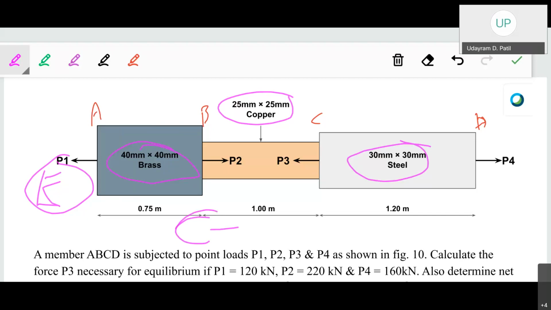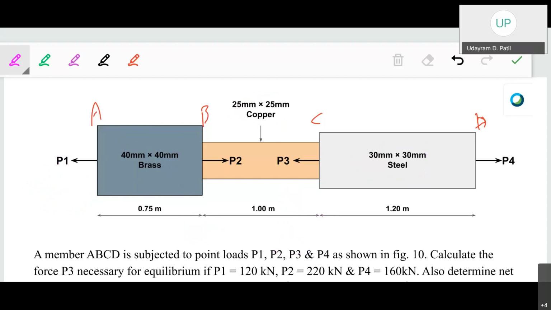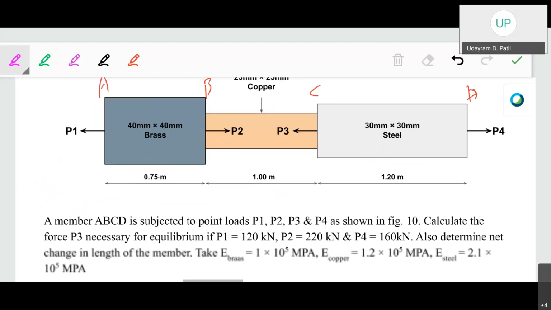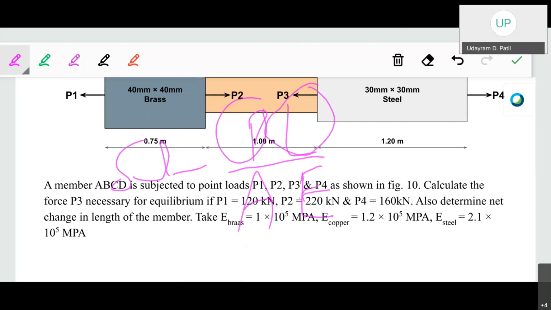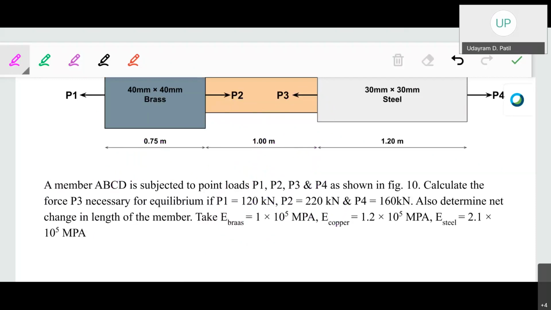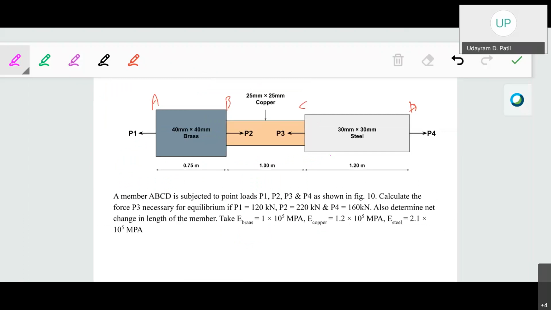Okay, in the previous section we already derived the direct formula of delta L from Hooke's law, that is delta L equals PL upon A E. So we can use this single formula to calculate the particular value by inputting the respective values for the respective sections. Okay, so first let's see the numericals.